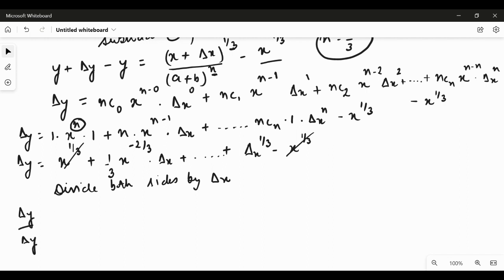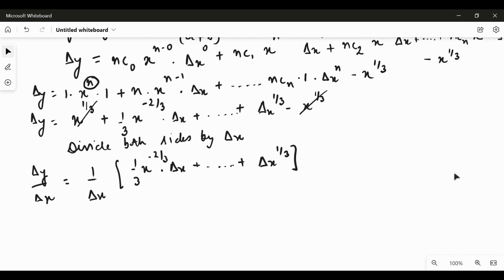So what will I get? Δy/Δx is equal to 1/Δx times [1/3 x^(−2/3) Δx + Δx^(1/3)]. So what if I take Δx common from the numerator? What will I get?